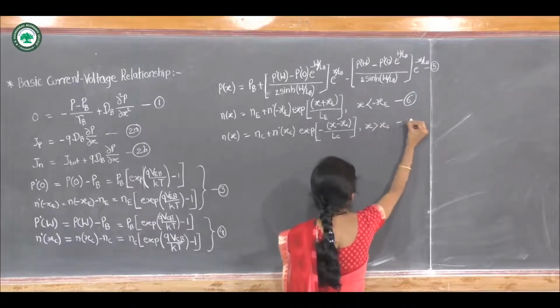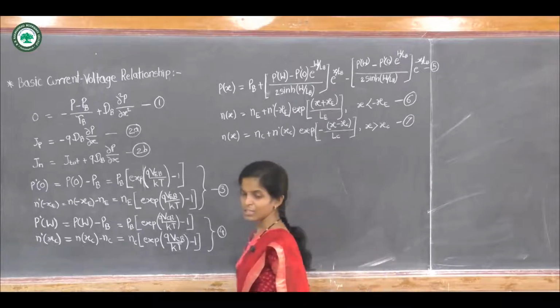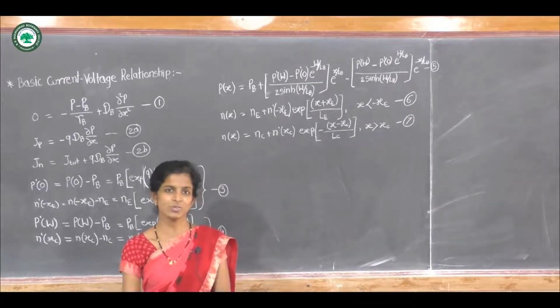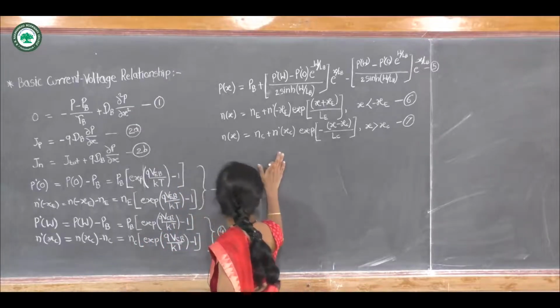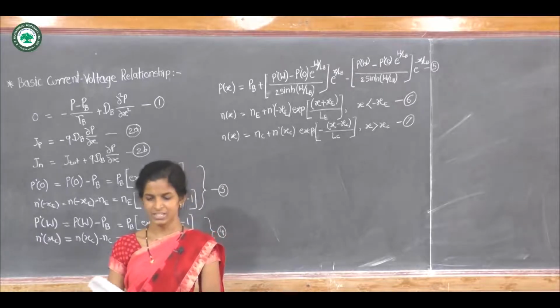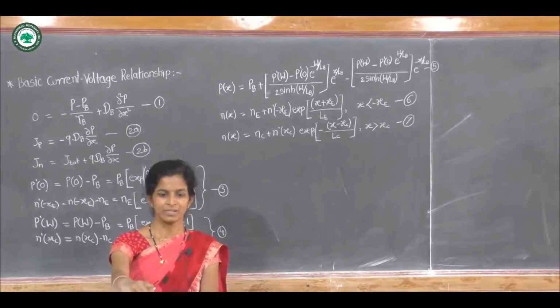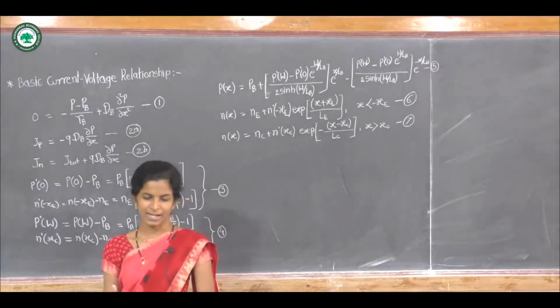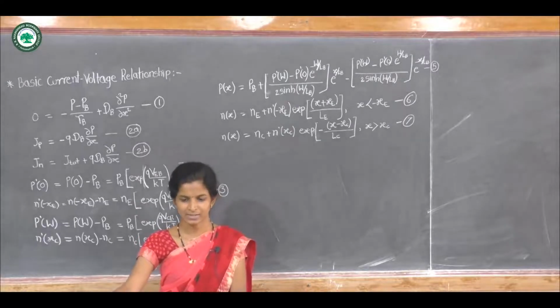This is equation number 7. So equation number 6 gives the electron distribution in the emitter region, while equation number 7 gives the electron distribution in the collector region, in which LE is the diffusion length in the emitter and LC is the diffusion length in the collector.